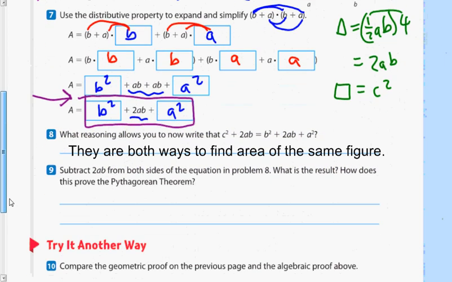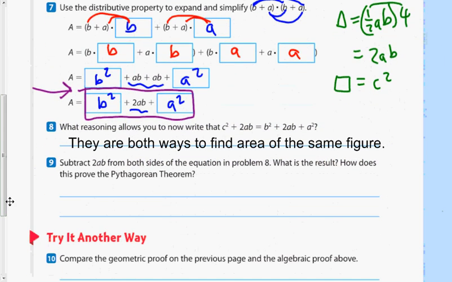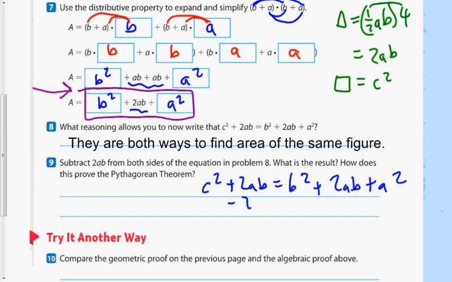So if we take that equation, now here's where a little bit of solving equations comes in, C squared plus 2AB equals B squared plus 2AB plus A squared. So I'm just rewriting what was above. You notice on both sides there's 2AB. So if I subtract 2AB from one side, cancel it out, I subtract 2AB from the other side, that also cancels out.